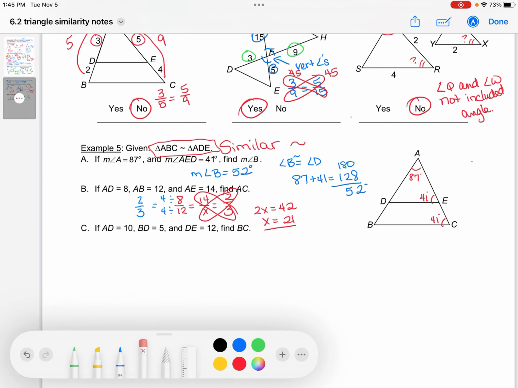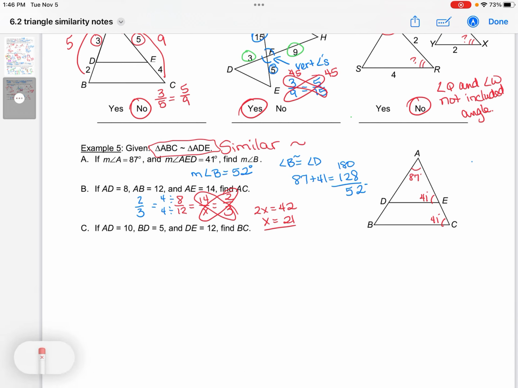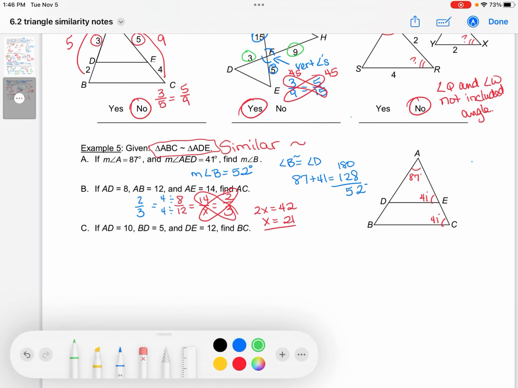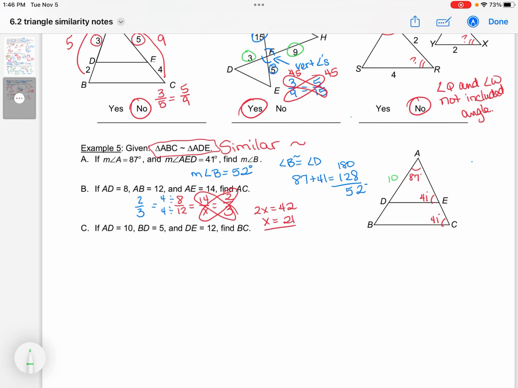Okay, so here's this new triangle. AD is 10, and BD is 5. Oh, DE is 12. We're looking for this one. So I have to remember that this is 15.